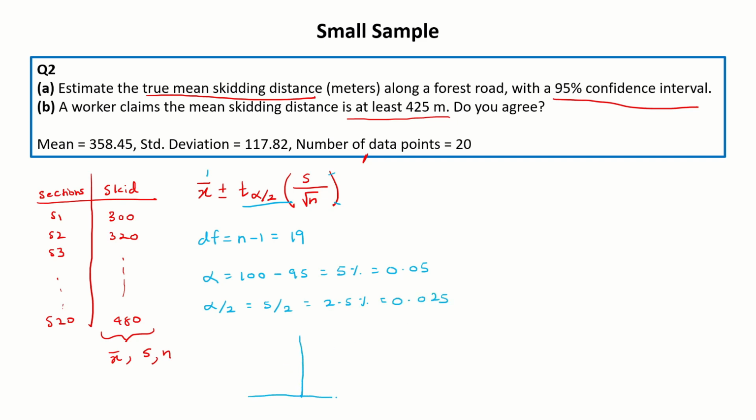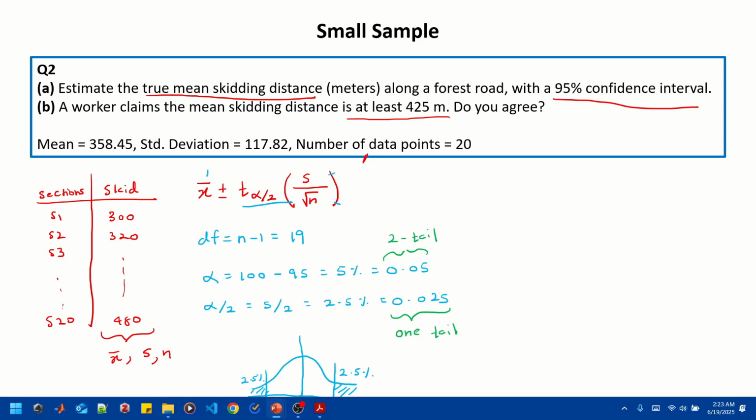If we had a distribution that looks like this, and we cut the distribution at the tails, then this region and this region would be 2.5% each. So 2.5% represents a single tail, while the value 0.05, which is alpha, represents a two-tail value.